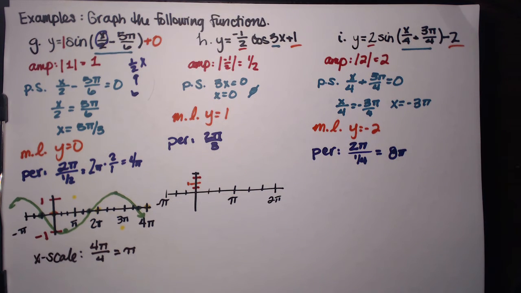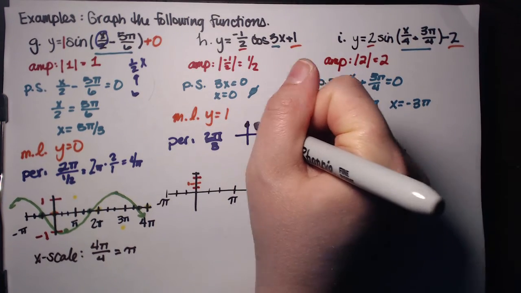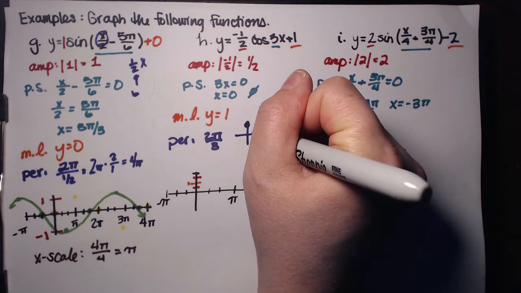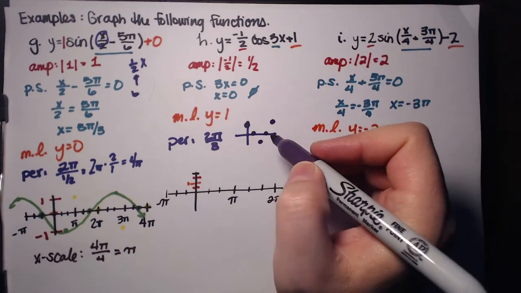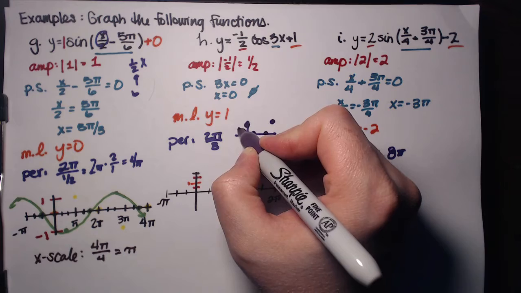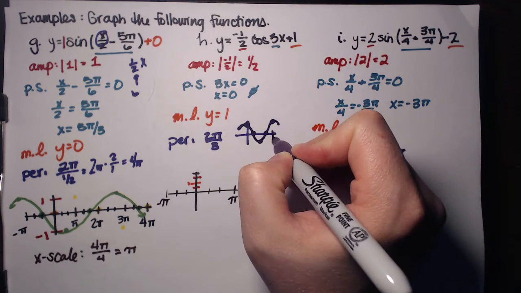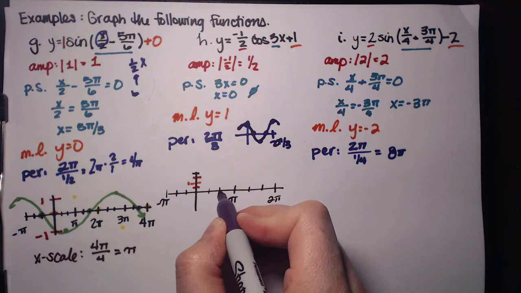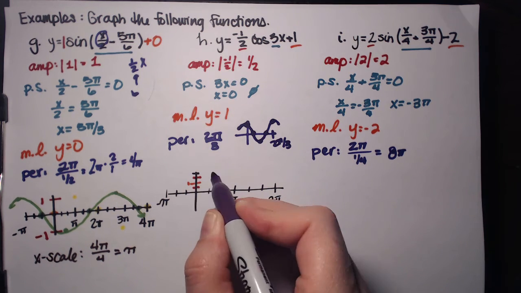And then the period means that for its cosine, it starts at the top, halfway between, it's at the bottom, halfway. So the period, this needs to complete a full cycle at 2 pi thirds. So in 2 little marks, it needs to complete a full cycle.